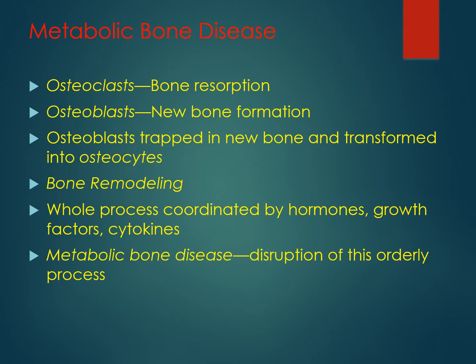Now, talking about remodeling. Normally there is a fine balance between bone laying down, that is the osteoid matrix and its mineralization, and bone resorption, and this is coordinated by certain hormones, growth factors, and cytokines. And if there is a disruption in this orderly process of laying down of bone and its reabsorption, metabolic bone disease would occur.